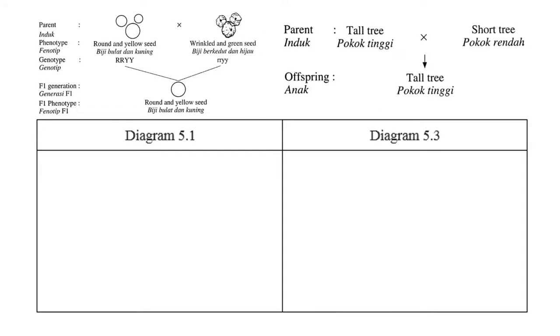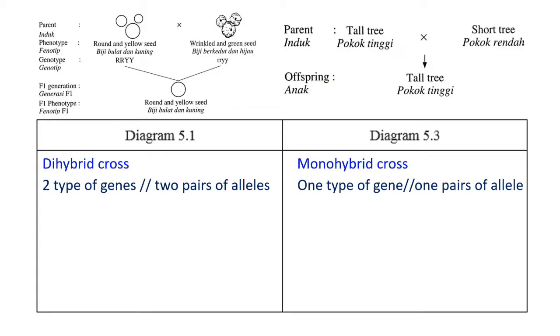Then, what is the correct answer to show the differences between the dihybrid cross and the monohybrid cross? First, diagram 5.1 involves a dihybrid cross, and diagram 5.3 a monohybrid cross.